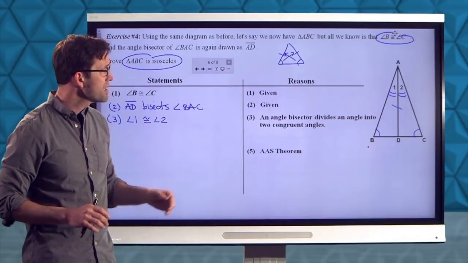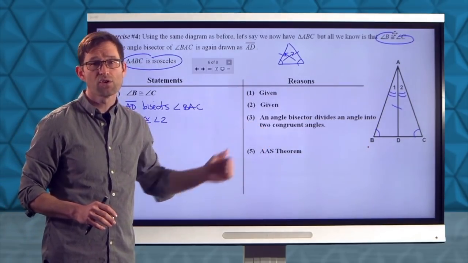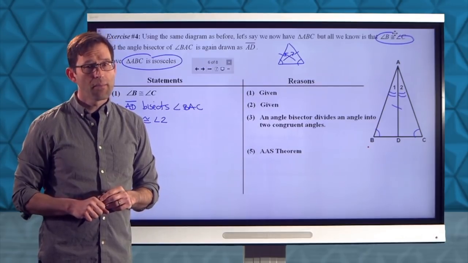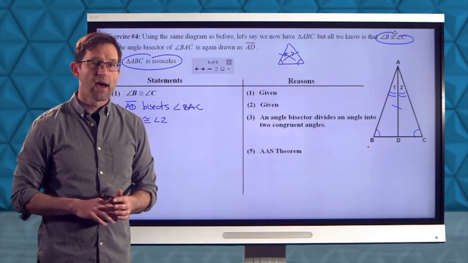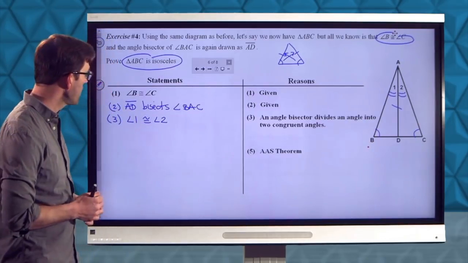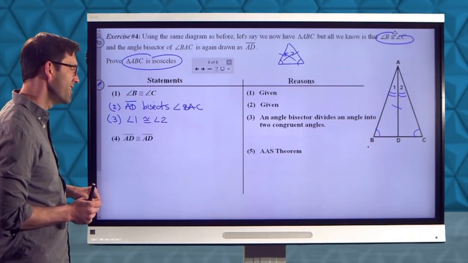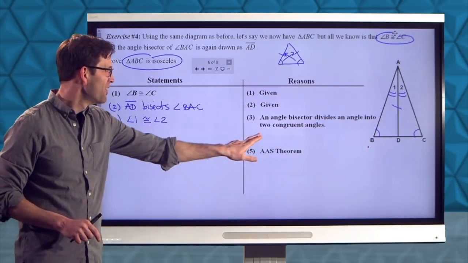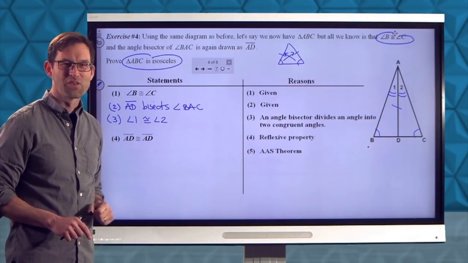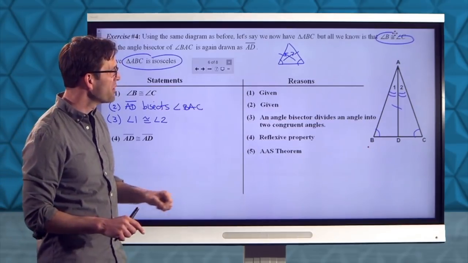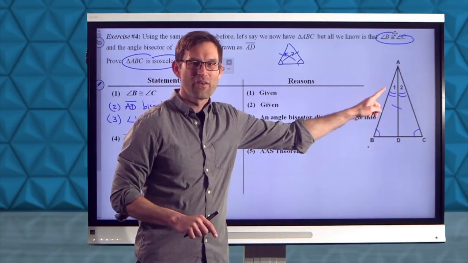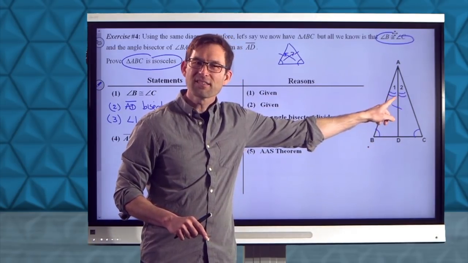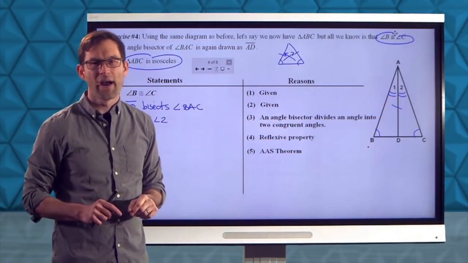Again, if your teacher says that it's completely acceptable to put down the definition of an angle bisector there, thumbs up. I may eventually even go that route just to have less written on the board. Finally, AD is congruent to AD. We know the property there, that's the reflexive property. So at this point, I've got an angle equal to an angle, another angle equal to another angle, and a side equal to a side, but that side's not between the two angles.